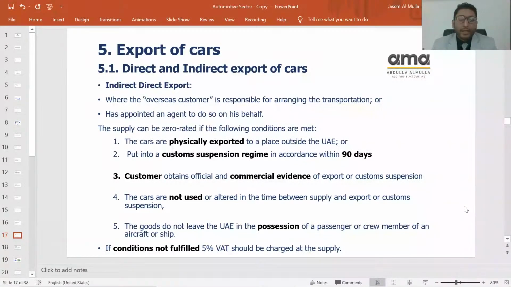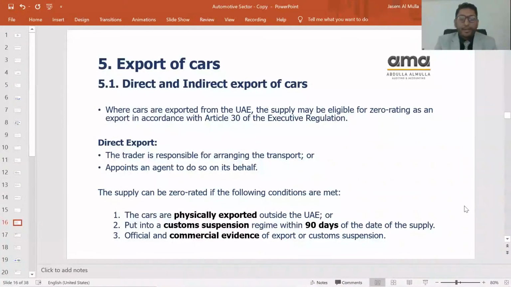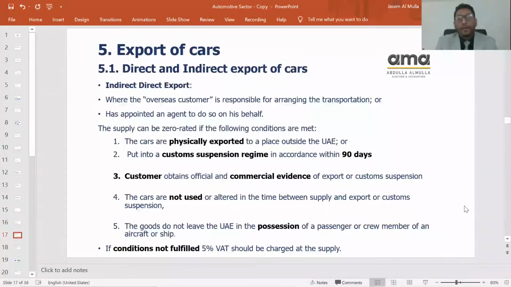And the third one, the customer obtains the official commercial evidence of export or of the customs suspension. The important point to consider is that in the case of indirect export, the customer is responsible to get the commercial evidence. But in the case of direct export, the seller is responsible to get the evidence of commercial export.